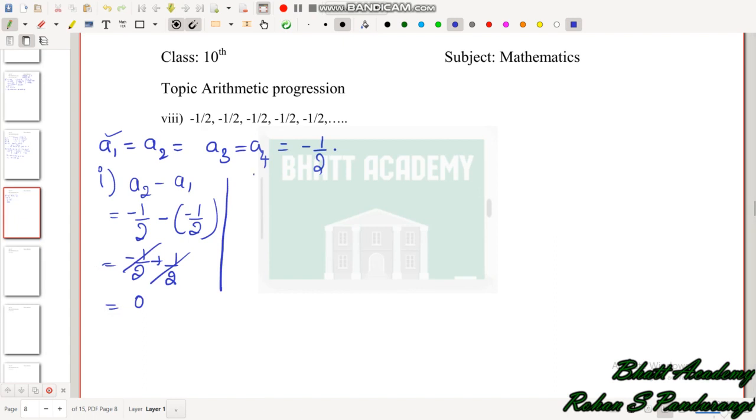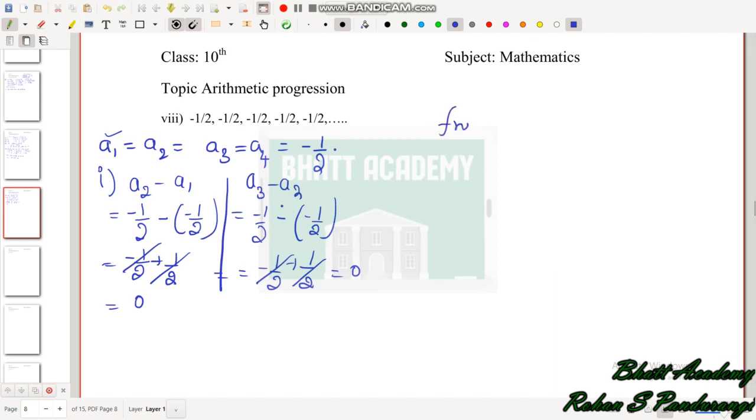ಅದೇ ರೀತಿ A3 minus A2 condition check ಮಾಡ್ತೀವಿ. A3 is minus half and minus of A2 is again minus half. So it is minus half, minus into minus is plus half, minus half plus half, it's cancelled, again it is 0.